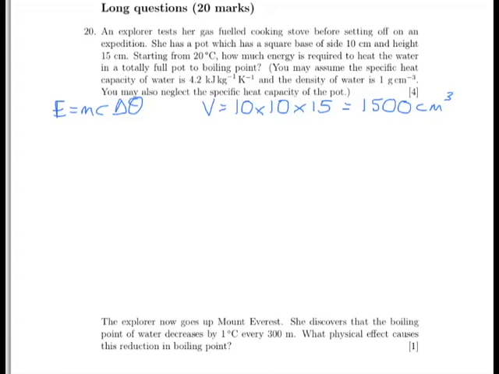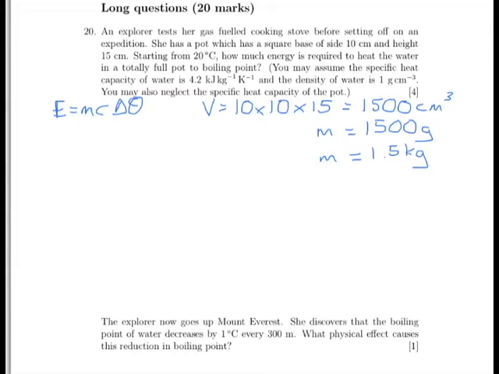Now the density of water is 1 gram per centimetre cubed, so that means our mass of water there is 1500 grams. We now need to convert that to kilograms because our specific heat capacity has been given to us in kilojoules per kilogram per Kelvin. So our mass is 1.5 kilograms of water.